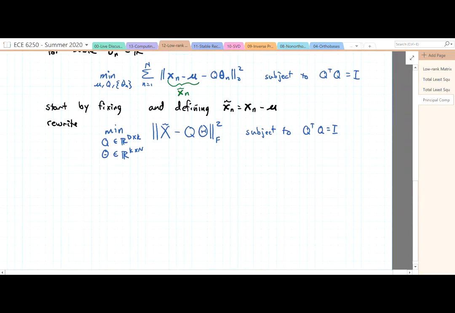And that is that our best subspace approximation occurs when we approximate x tilde with the first k columns of the SVD of U times, of course, its singular values.